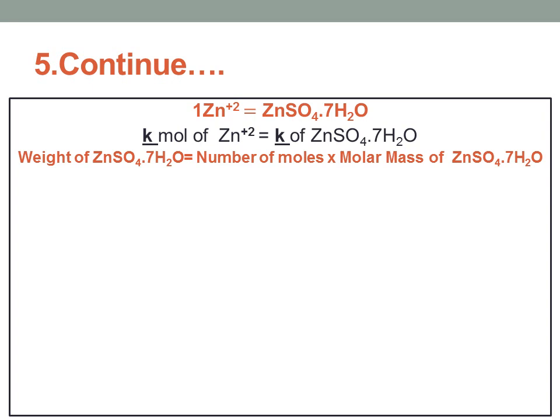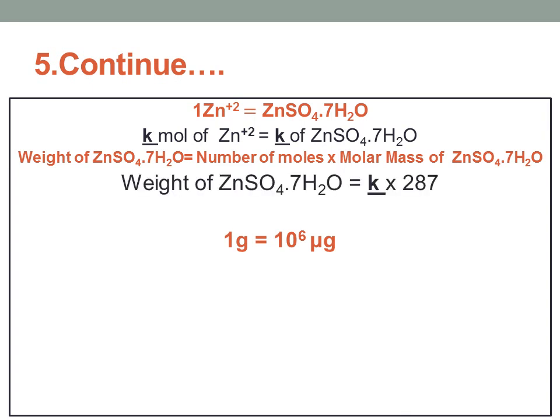So the molar mass is 287. After putting the values we are getting m gram of zinc sulfate heptahydrate per 760 nanoliter because volume conversion हमने already कर लिया है. Now we are getting the grams here. अब आपको पता है कि in your task you have to find out the microgram. क्या करेंगे?